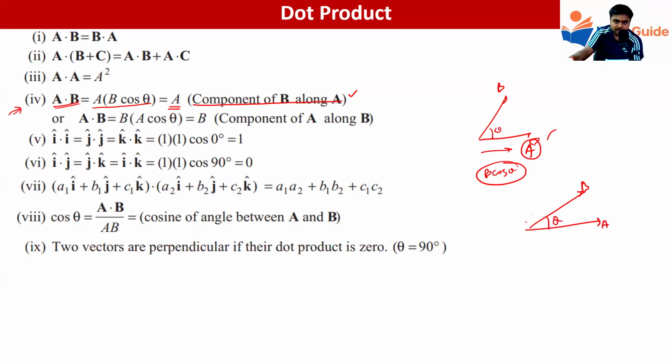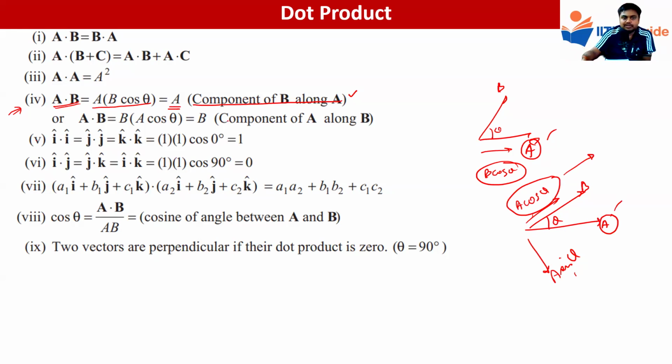Even A can be resolved in this direction as A cos theta and A sin theta. A cos theta is along B and A sin theta is perpendicular to B. So therefore, both ways it's going to be correct. Either we can do A multiplied by the component of B along A, or B multiplied by the component of A along B. Does it make sense?